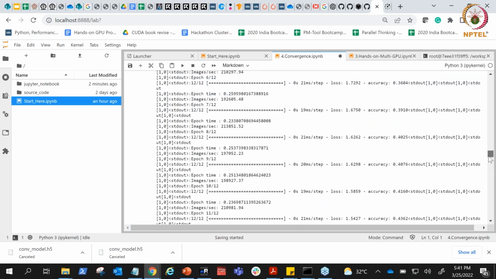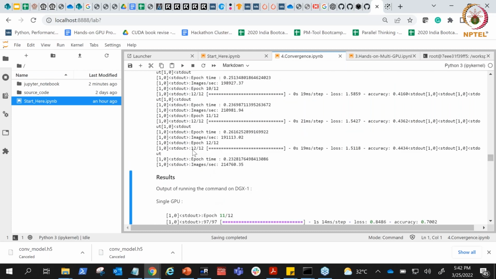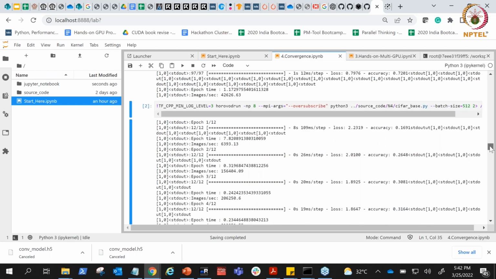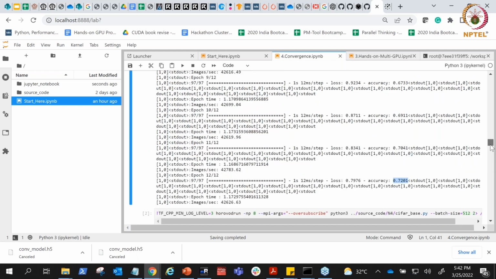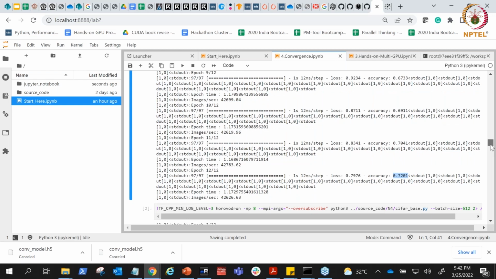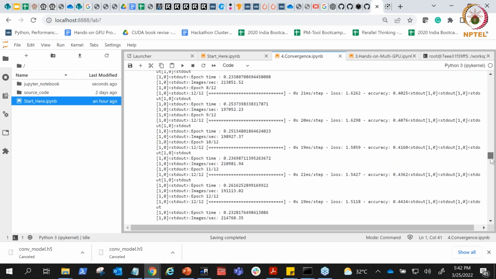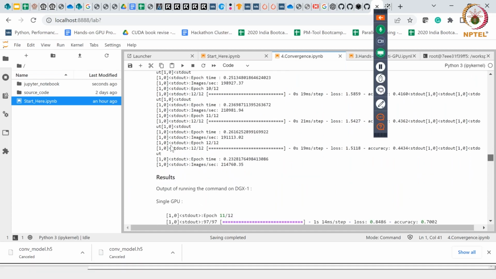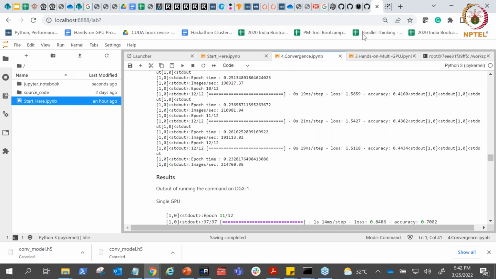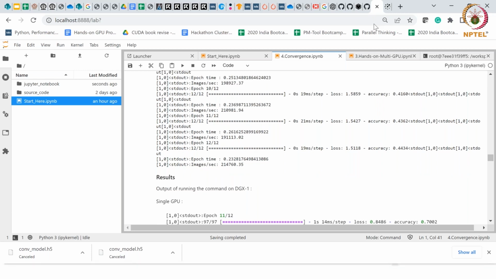You can see the accuracy after running 12 epochs is 0.4434, while the accuracy for the single GPU is 0.7201. So the single GPU run gave 72% accuracy, while the 8 GPU run gave me only around 42% accuracy.